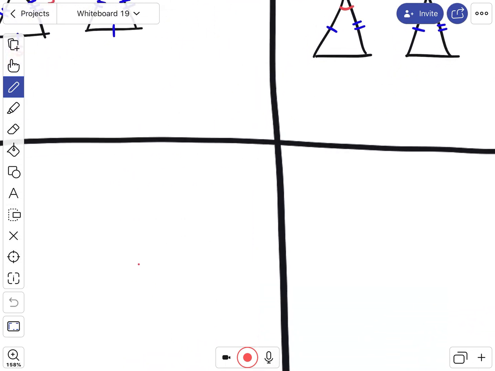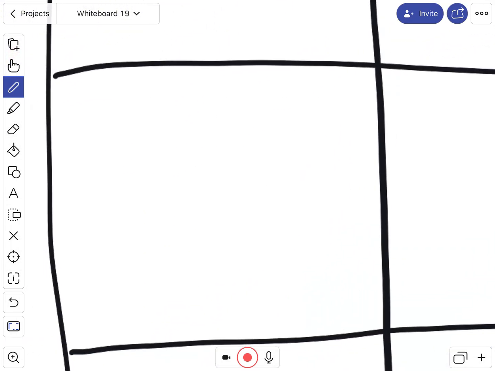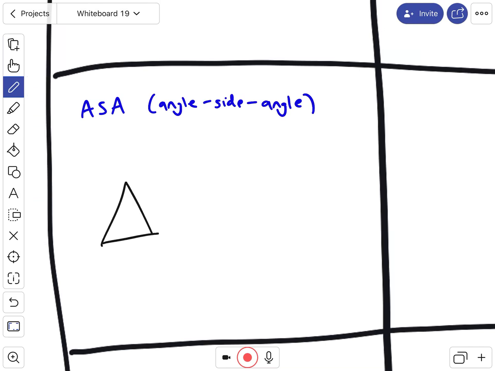Okay, the next one is going to be ASA, which of course is angle, side, angle. That's when you have 2 angles that are corresponding and congruent. So this angle, let's say, and this one.